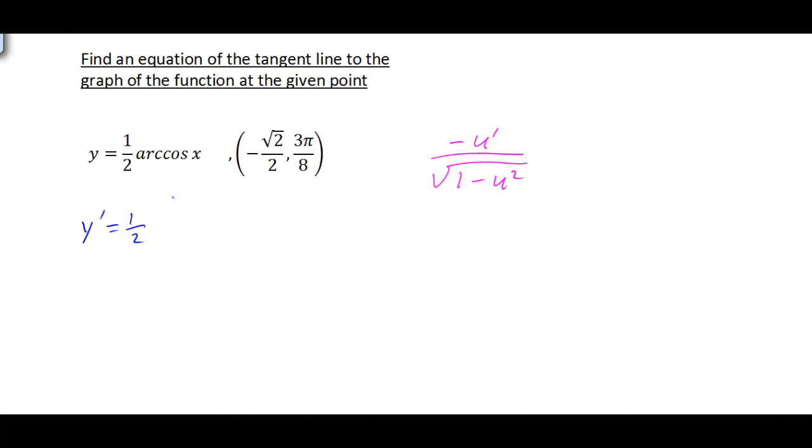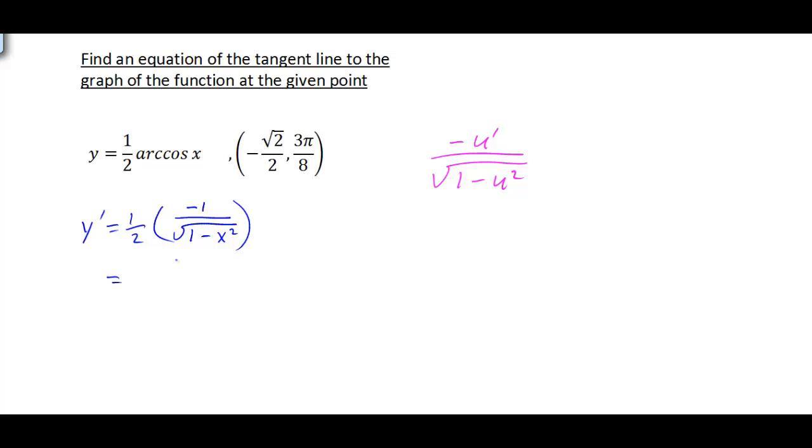So the derivative of arc cosine then is simply going to be, derivative of x, that's 1, negative 1 over the square root of 1 minus x squared.